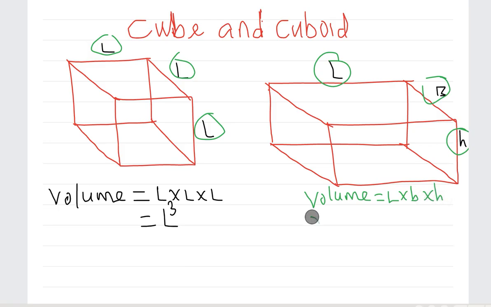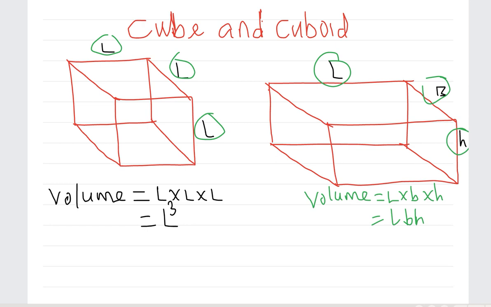So that means the volume is equal to LBH. The volume of a cuboid is equal to LBH. So these are similarities that you have to look at first.